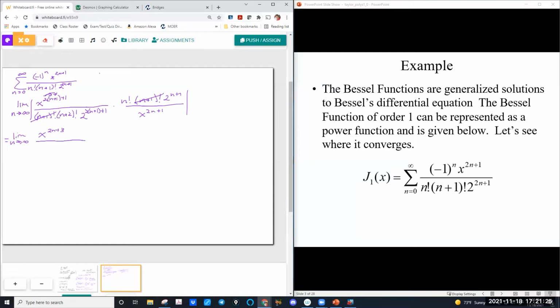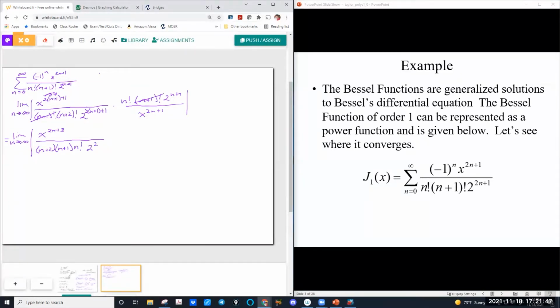Okay, now we want some canceling to happen. So the n plus 2 factorial, well, that's n plus 2 times n plus 1, then times n factorial on down. And then very similar to this one, you got the 2n plus 2 plus 1.